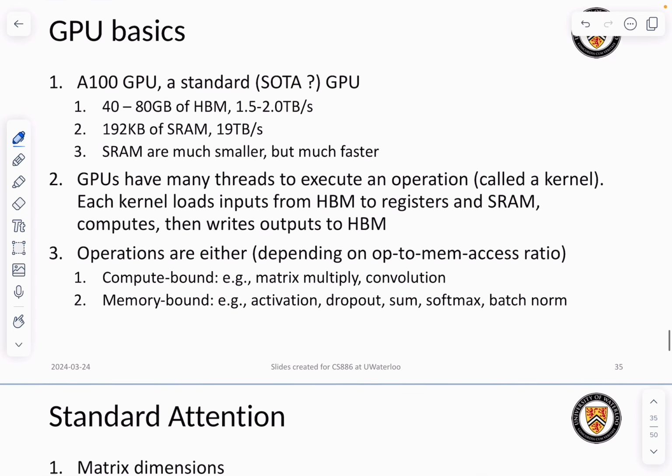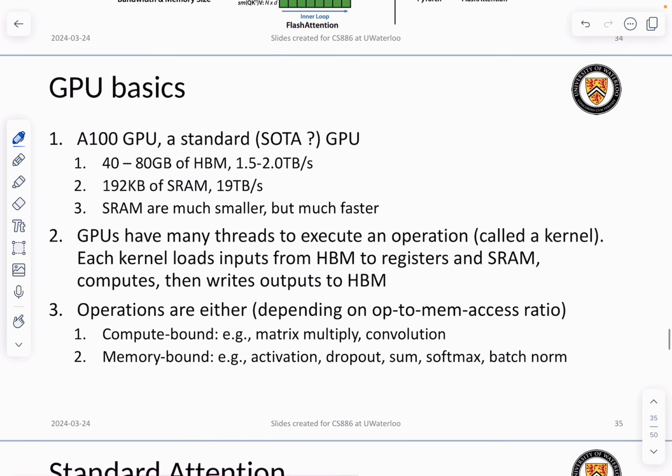Yeah. So to give you some basics about HBM and SRAM, there's like 40 to 80 gigabytes of HBM. It's not that fast, and there's a much smaller SRAM unit, but it is much faster. So the idea is that instead of doing many trips of HBM reads and writes, suppose that this is the HBM, and this is your SRAM.